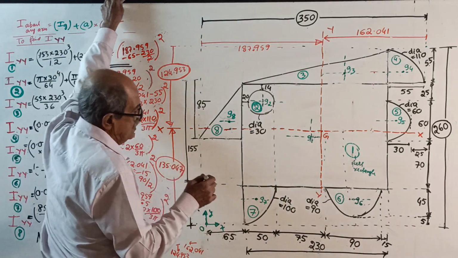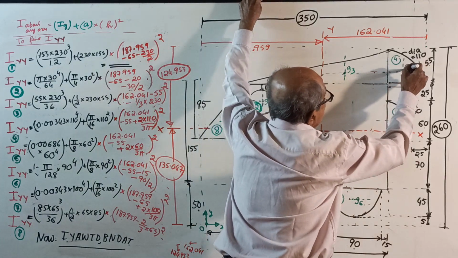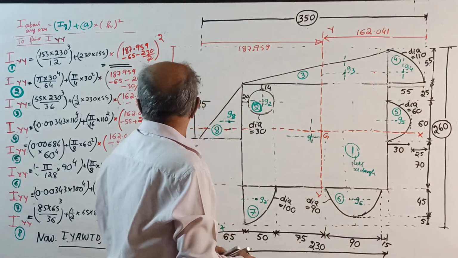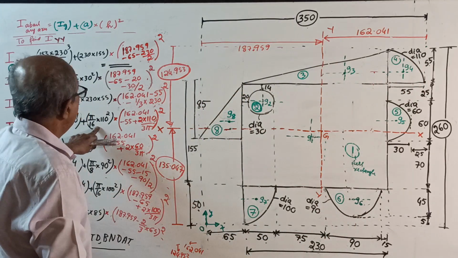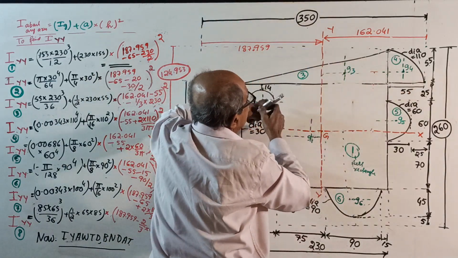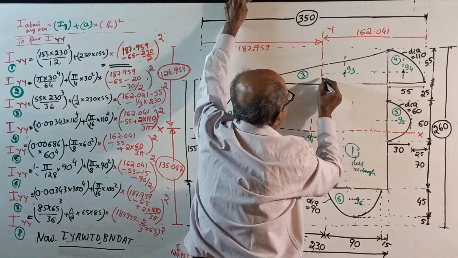Okay, fourth one. What is the fourth one? I about its own centroidal axis. See here, quadrant of a circle. 0.00343 into diameter power 4 plus area into the distance from centroid to here. See, be careful now, from here to here.